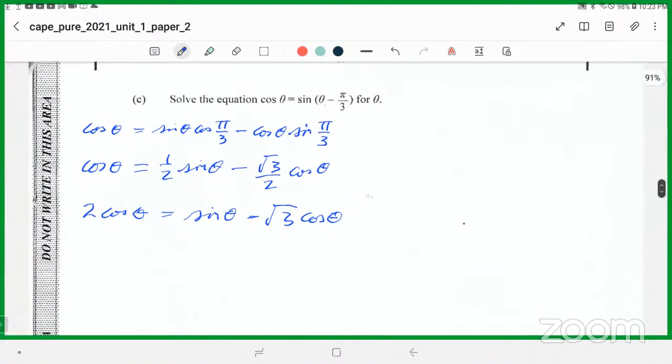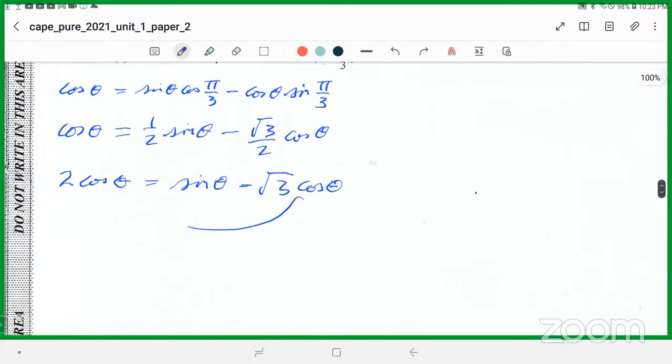Anytime you're solving, I can bring this over here. Let me bring it over. Watch what I'm going to get: 2 plus root 3 times cos theta equals sine theta.